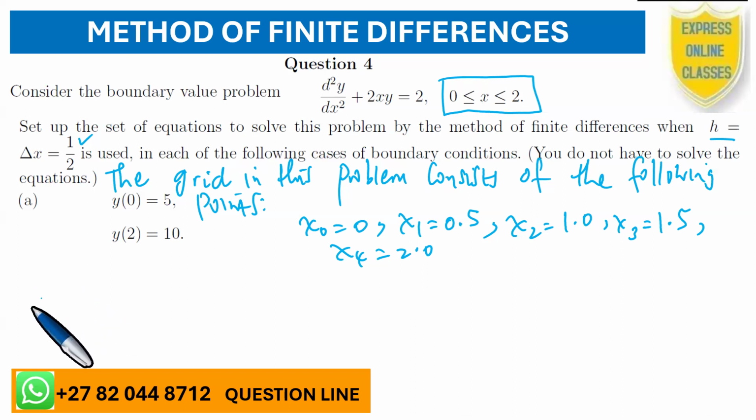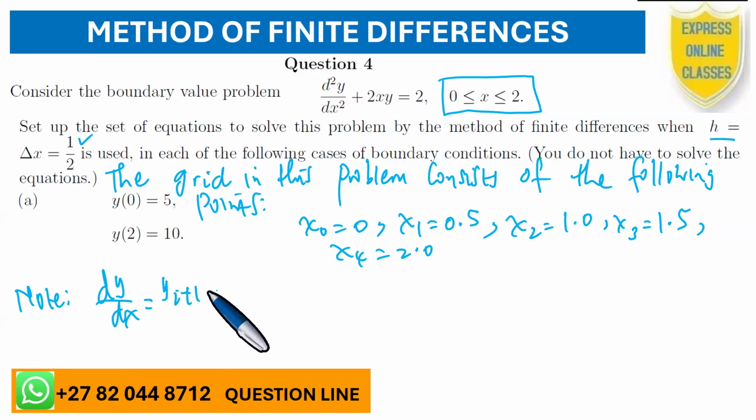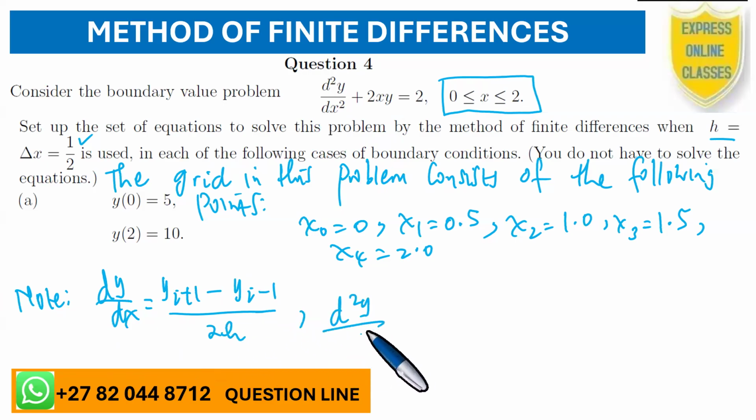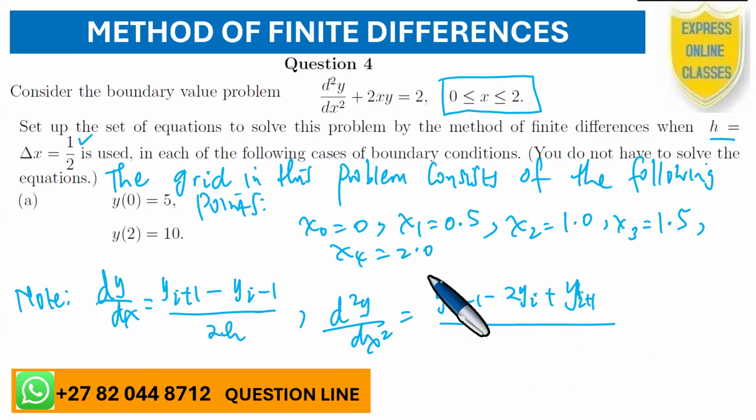I would have actually given a note. The note is that whenever we have dy dx, like in the exam, they might put a dy dx there. You can see the first derivative is yi plus 1 minus yi minus 1 divided by 2h. But whenever it is the second derivative, we write yi minus 1 minus 2 yi plus yi plus 1 divided by h squared.